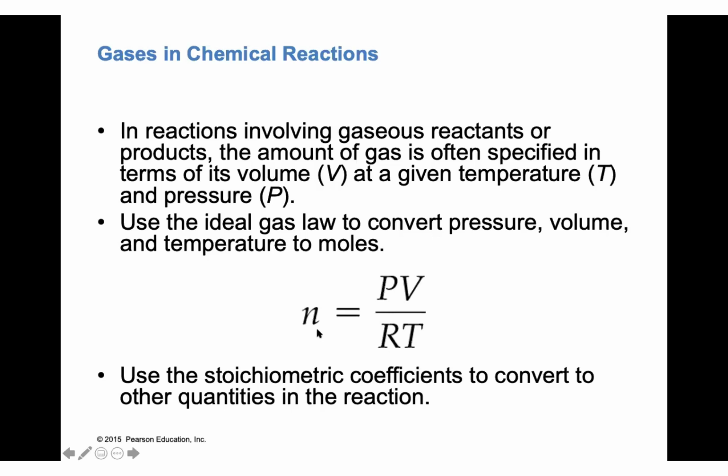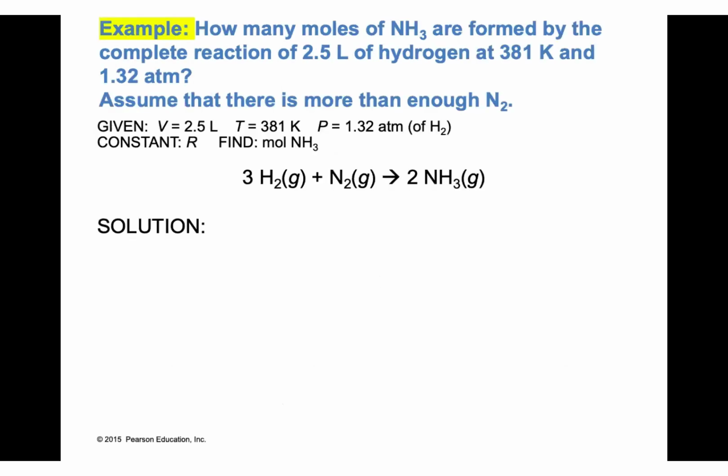Anyway, you need to have a chemical reaction to relate the compounds to each other. So let me give you an example. How many moles of NH3 are formed from the reaction by 2.5 liters of hydrogen at 381 Kelvin and 1.32 atmospheres?